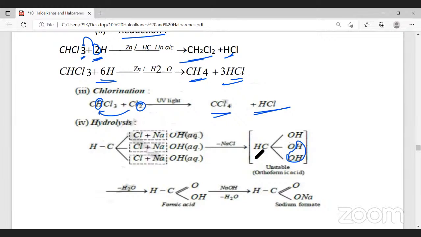When it loses a water molecule, a C double bond O will be formed here, with OH. So actually, what is it that you're getting? You get formic acid.